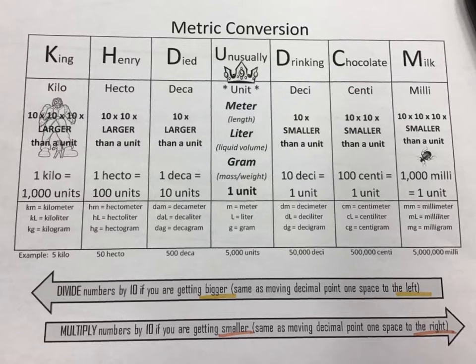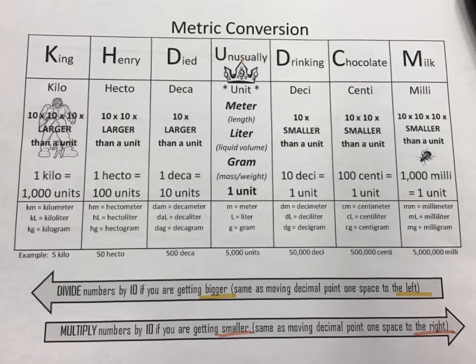All right, so I feel like several of you have seen this before. It's a little cheesy, but it's a good cheat sheet to remember how to do metric conversions and where they fall. So U here is our unit. So we've got King Henry died unusually drinking chocolate milk.